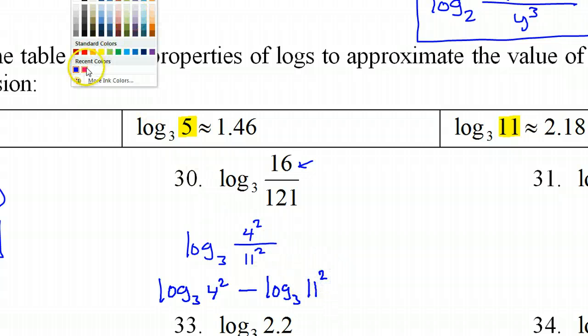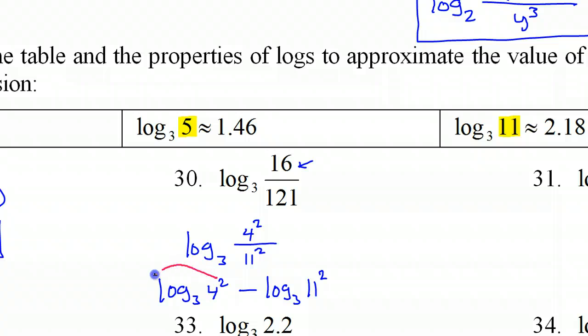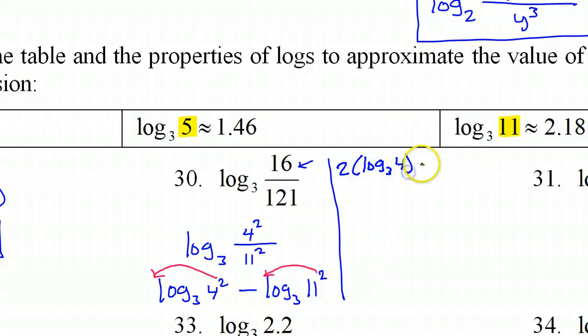These exponents, I could pop them to the front. So that would be the same thing as having 2 times the log base 3 of 4 minus 2 times the log base 3 of 11.